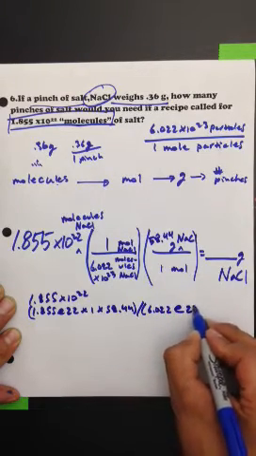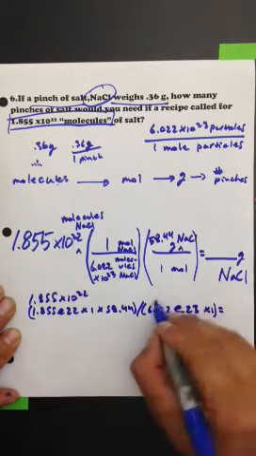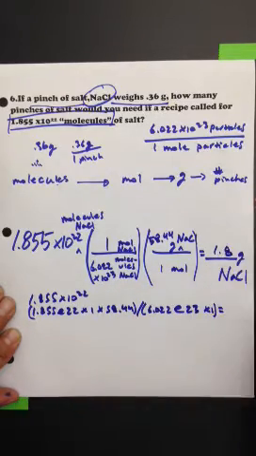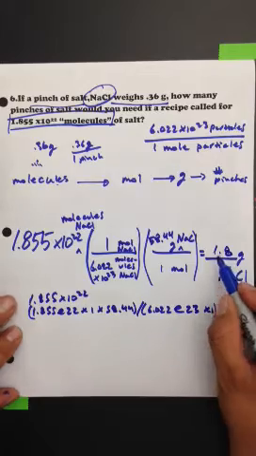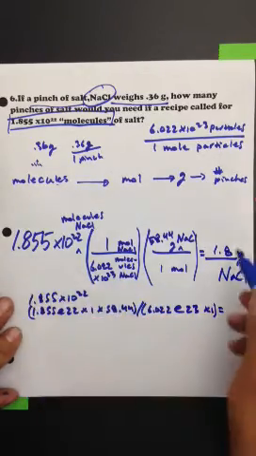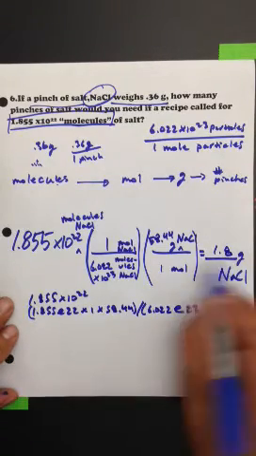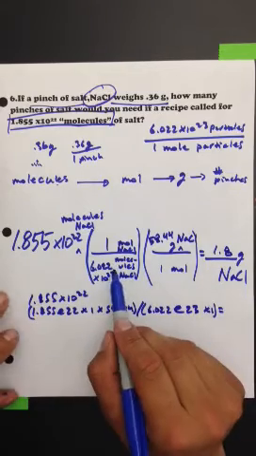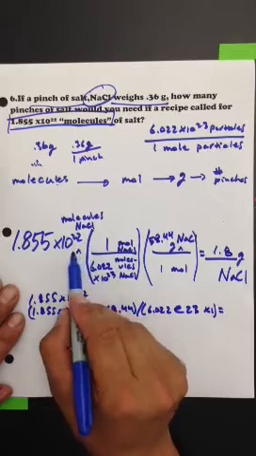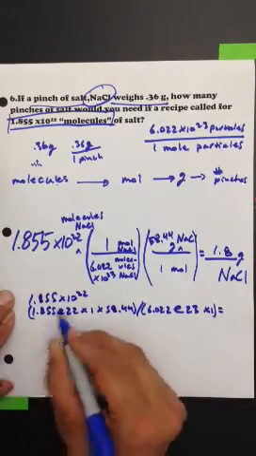Exponent e to the 23 times 1 is equal to, would you believe it, 1.8 grams of NaCl. So that's the total. If someone asks you, can you give me 1.855 times 10 to the 22nd molecules of NaCl? There it is, 1.8 grams. No problem.